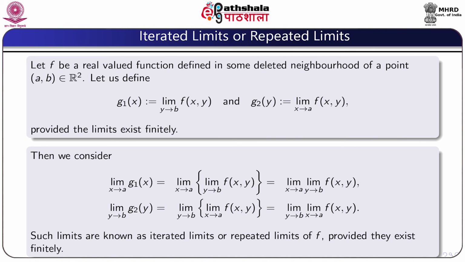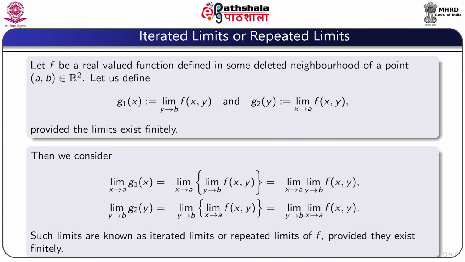Let f be a real valued function defined in some deleted neighborhood of a point (a, b) in R². We define two functions, g1(x) as the limit of f(x, y) as y approaches b, and g2(y) as the limit of f(x, y) as x approaches a, provided the limits exist finitely.